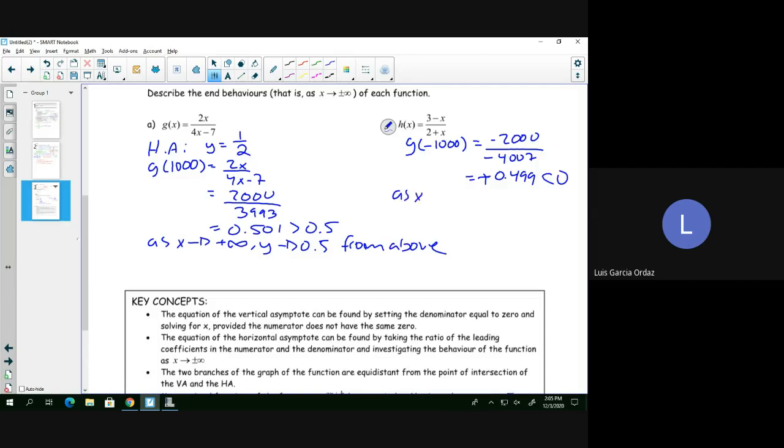As x approaches negative infinity, y approaches 0.5, and because the result is less than 0.5, it approaches it from below. So greater means above and less means below.